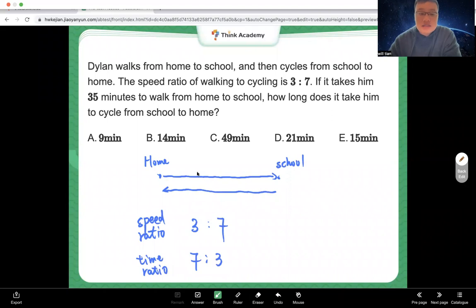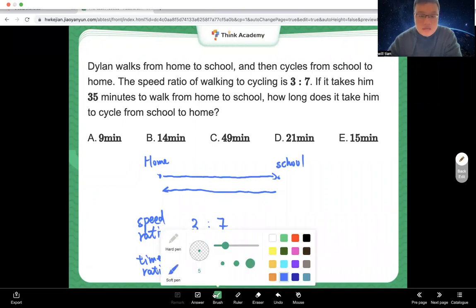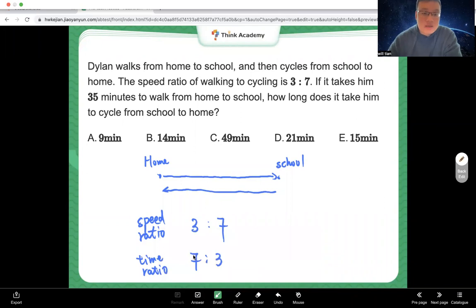And then we know that it takes him 35 minutes to walk from home to school. So that means that 7 parts will be 35 minutes. So if 7 parts is 35 minutes, what is 3 parts, guys?